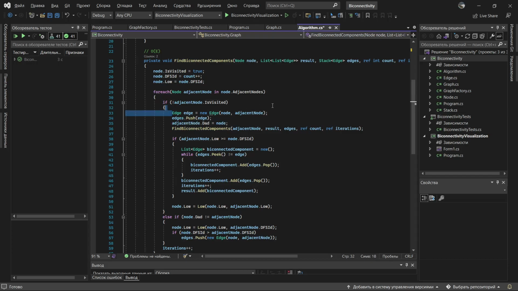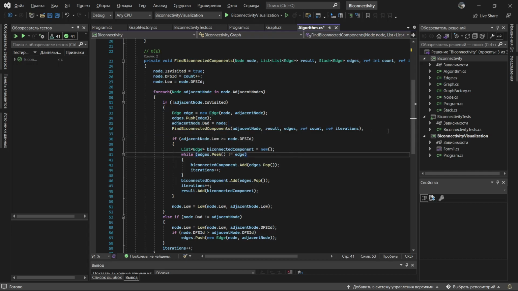So we have an edge right here, node and adjacent node. We push this edge to our stack of edges, mark the current node as the parent of its adjacent node, and start running our algorithm for the adjacent node.